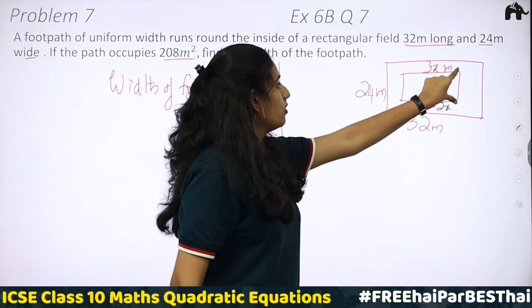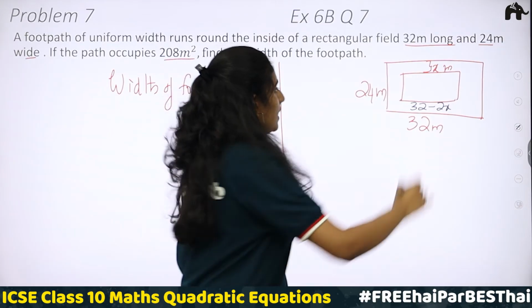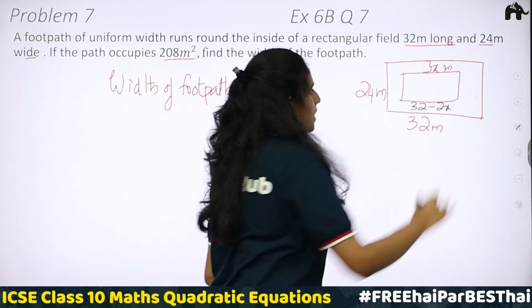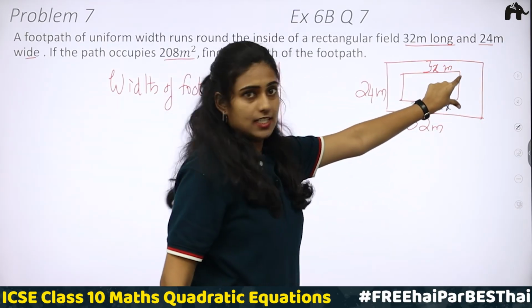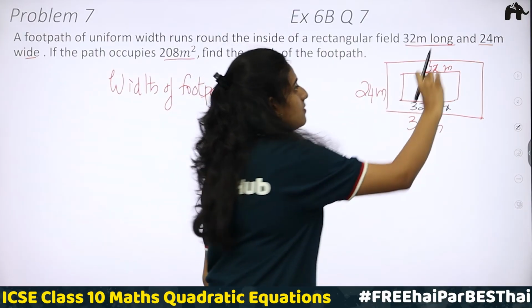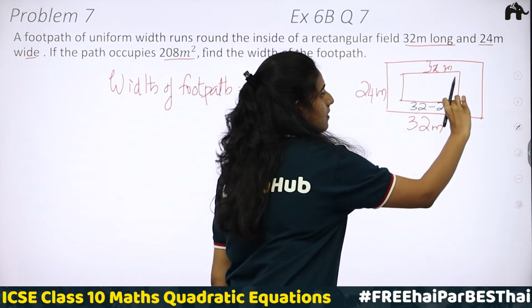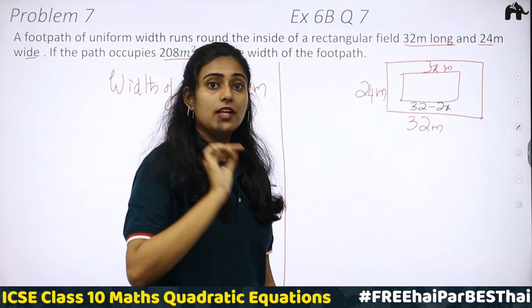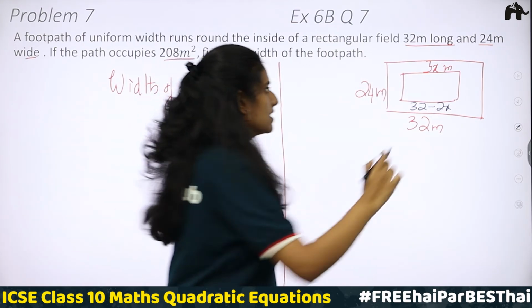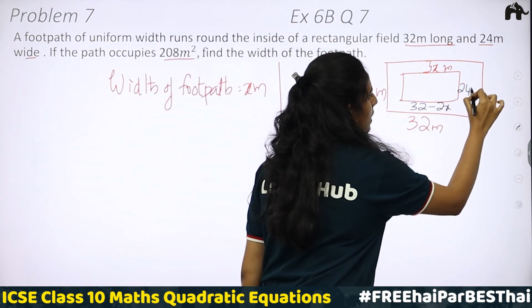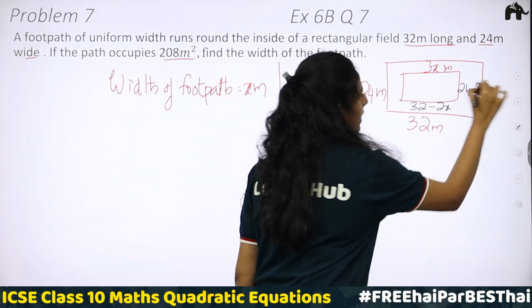Now, what about the width? Here we have total 24 meter. For the inner rectangle, this is the width, which means from here x is subtracted. From here again x is subtracted. 24 minus x minus x. That is 24 minus 2x.